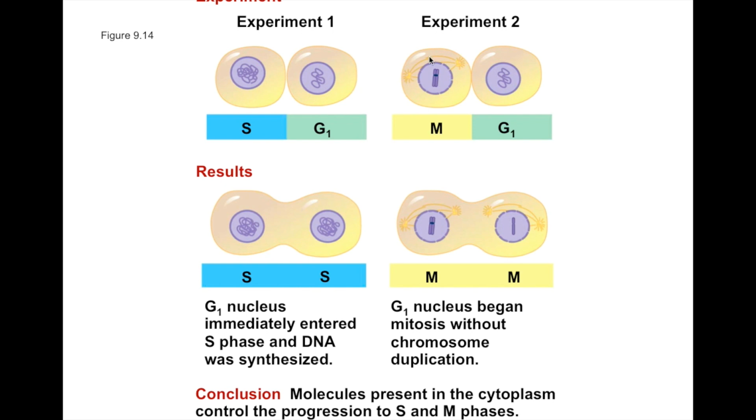We had a cell in M and a cell in G1. When we combined the 2 of them, they found that the second cell moved into M without copying the DNA, so before it was ready to do that. And so the conclusion is there must be some sort of molecule present in the cytoplasm of those cells that would cause them to move into these different phases.